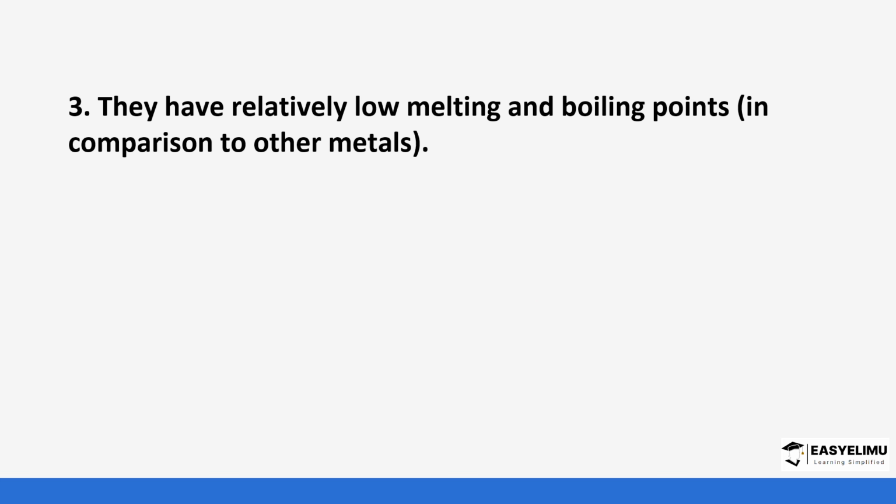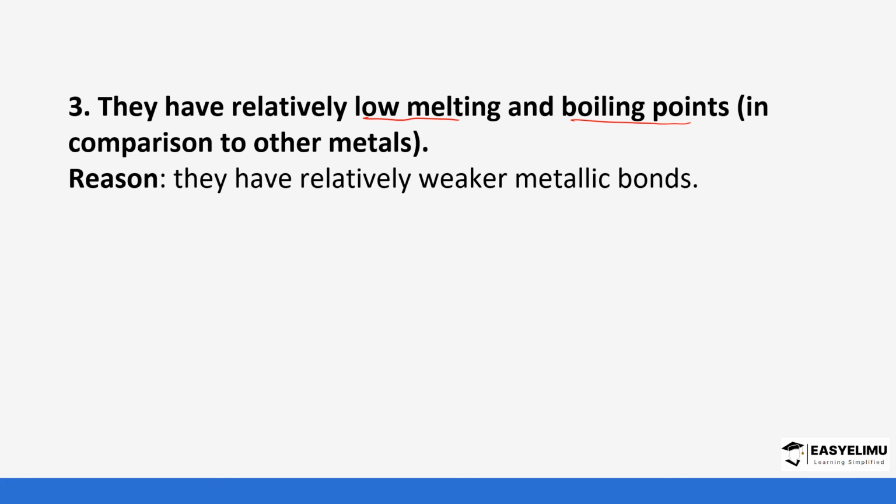The next thing is melting point and boiling point. We have talked about metallic bonds in the previous property. That is the same thing that is going to be used in comparing melting points and boiling points. Alkali metals usually have relatively weak metallic bonds.